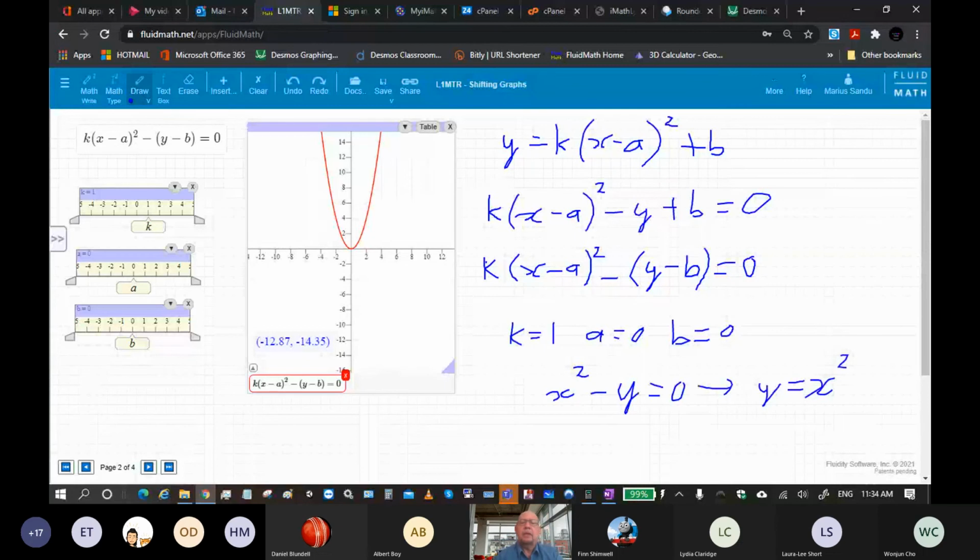Yes? Wonderful. Now, if I change the k, that changes how fat the parabola is, yes, or it inverts it if I have negative k. All right, but let's keep it to 1.